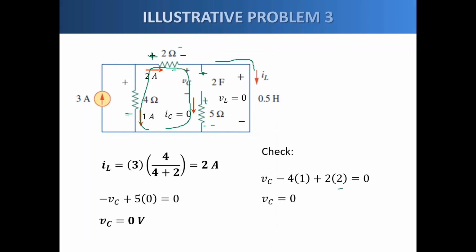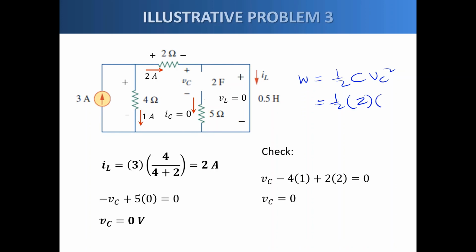Equate that to 0, and we'll also get V_C equals 0. To get the energy stored in the capacitor, you can use the formula 1/2 C V squared, but the voltage of the capacitor is 0, so therefore that will give us the energy stored as 0 joules.